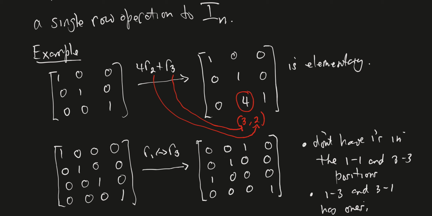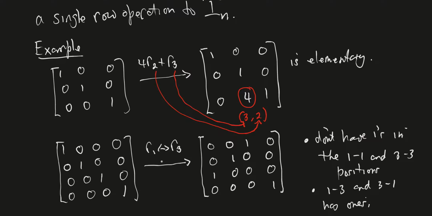And that's an indicator that what was used to create this elementary matrix is a row swap, right? And the same thing would have happened if we'd swapped row 2 and row 4. We would have zeros in the 2, 2 and the 4, 4 positions, but then we would end up with ones in the 2, 4 and the 4, 2 positions, right? So it's a little cumbersome to try to write it down, which is why I'm just illustrating these facts with examples, right?